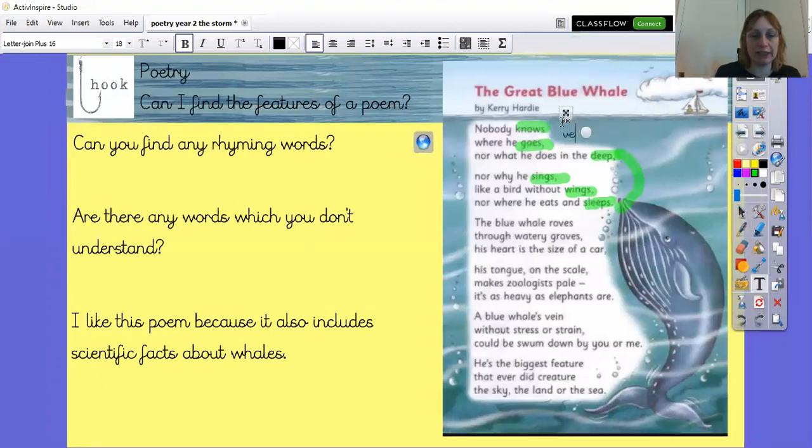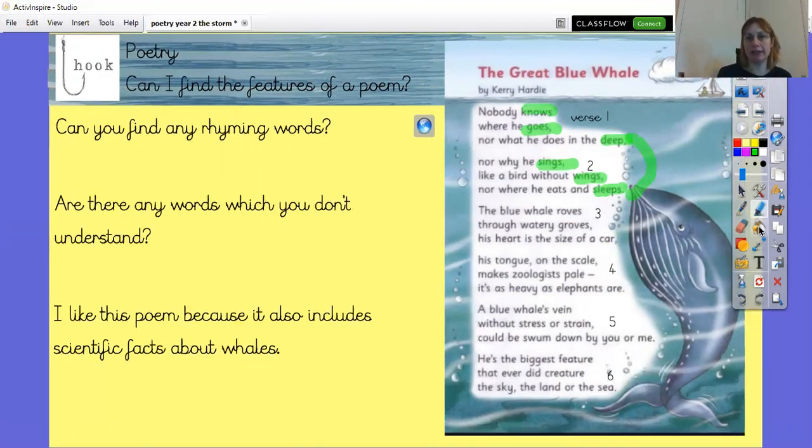So let's count the verses. We've got verse 1, then verse 2, then verse 3, 4, 5, and verse 6. Okay, let's go back to our highlighting.